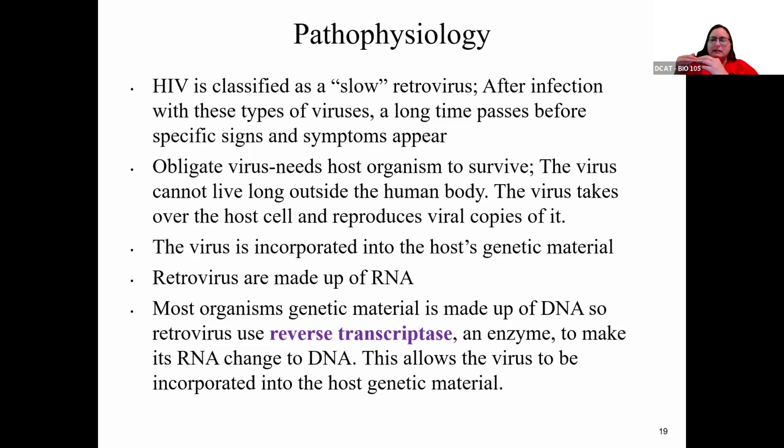So it releases this reverse transcriptase enzyme and changes its RNA into DNA so it can sneak in and incorporate into our cell's DNA. This is how it's able to get our DNA in our cells to replicate its genetic material.